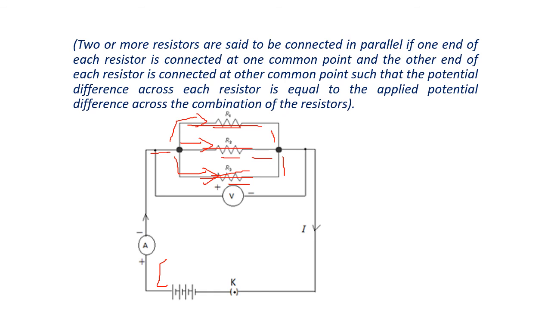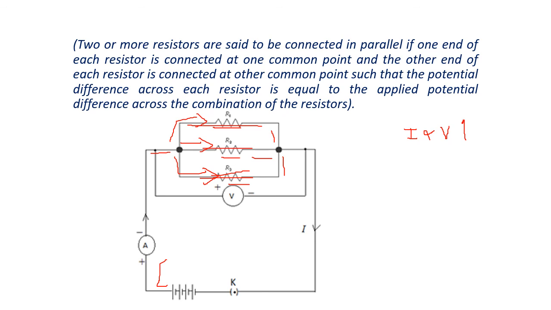But again, let us revise what we did here. Today we found out what resistance is. Actually we started with Ohm's law. What is Ohm's law? The current passing through the conductor is directly proportional to the voltage applied at the ends of the conductor.